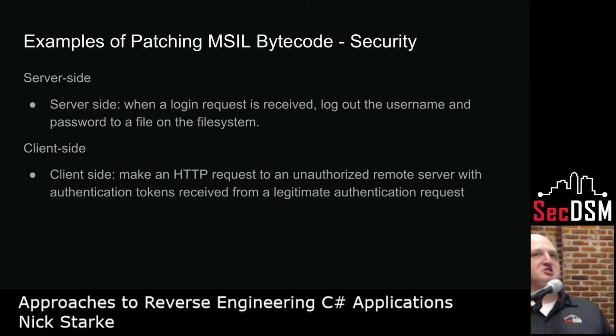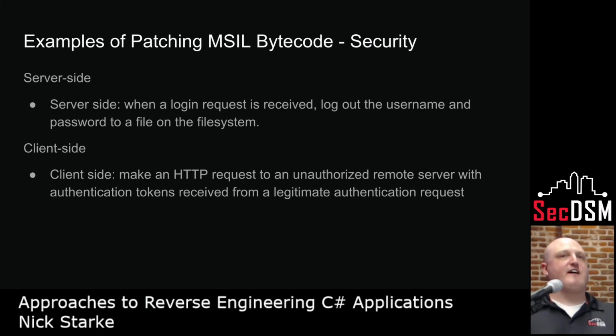So that's kind of a server-side example of an attacker making modifications to a .NET application and what can happen. From a client-side perspective, let's say your Xamarin application makes a web request to a legitimate server you host, the server that handles the authentication for your web application. And you get back from that valid web request a session token, right, that identifies subsequent web requests as being from you.